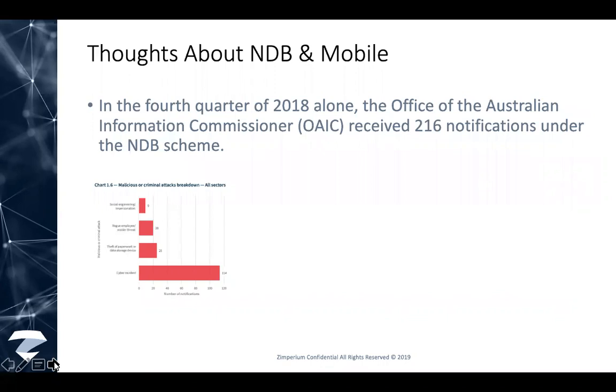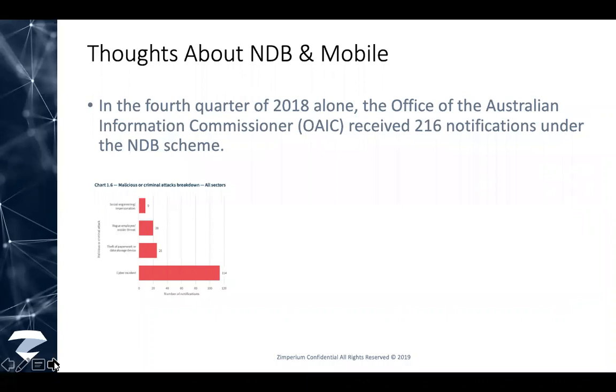But it'll say, for each one of these breaches, was it intentional? Was it insider? What was it? One of those categories is malicious or criminal activities. And if you look at it, you can see that the vast majority of them came from an actual cyber attack. So the majority of the malicious attacks came from a cyber attack of some way, shape, or form.